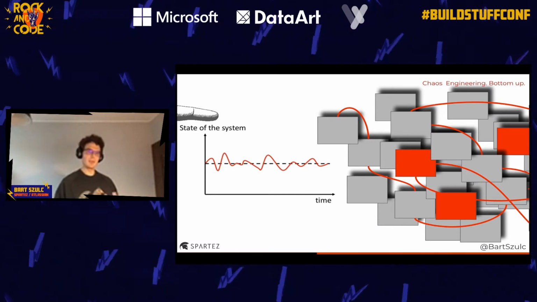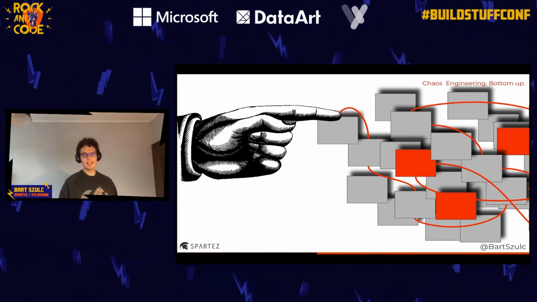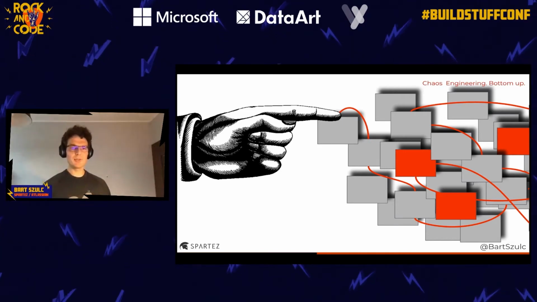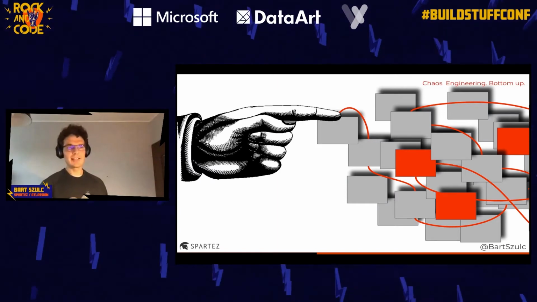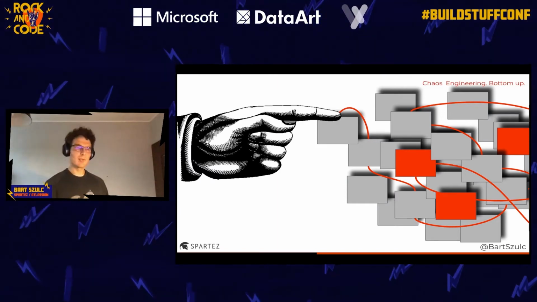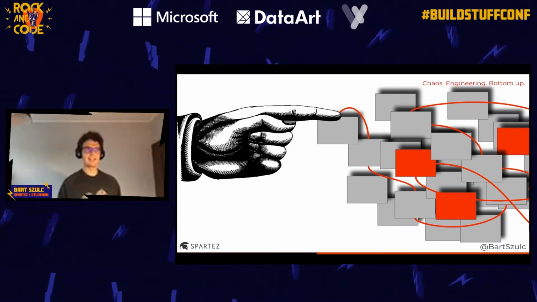So if you are in the group that runs chaos engineering experiments against production, that's great, because probably your product is used by users, so you are getting a flow of signals that can tell you whether the experiment is a success or not.